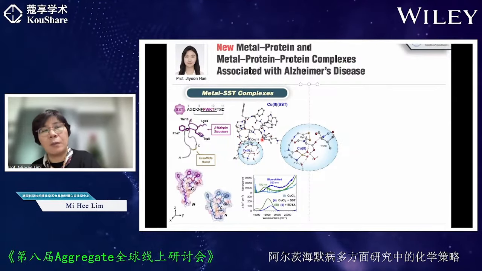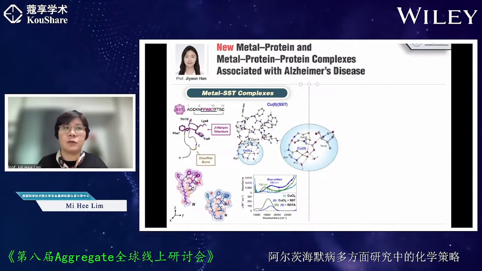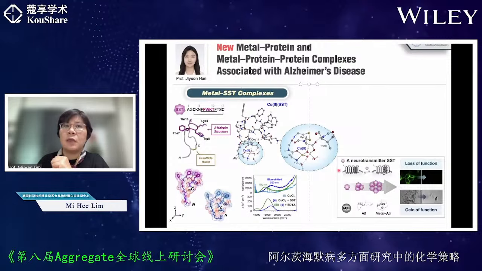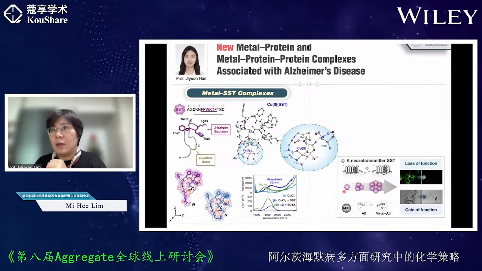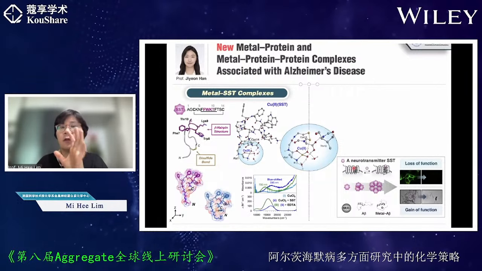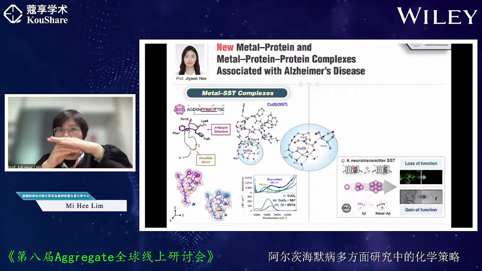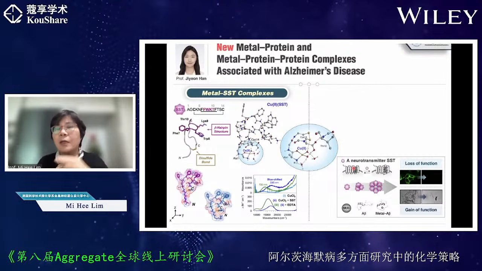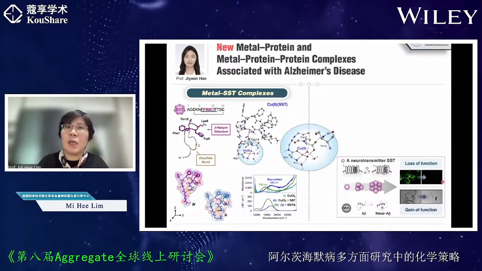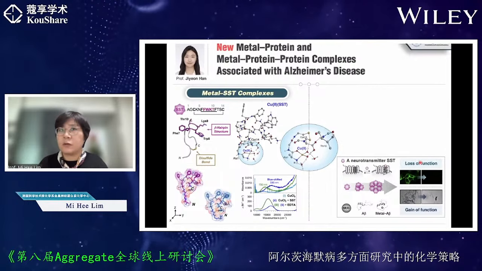Upon binding copper, what is happening? A conformation change. Such a conformation change triggers the aggregation of somatostatin. This aggregation blocks the binding to the receptor. SST is supposed to bind to the receptor and transmit the signaling, but because of the aggregation, it loses its normal function.